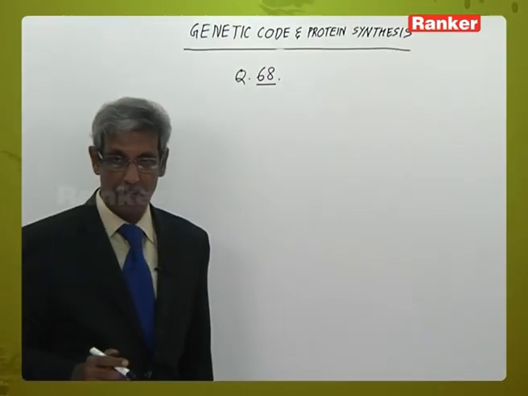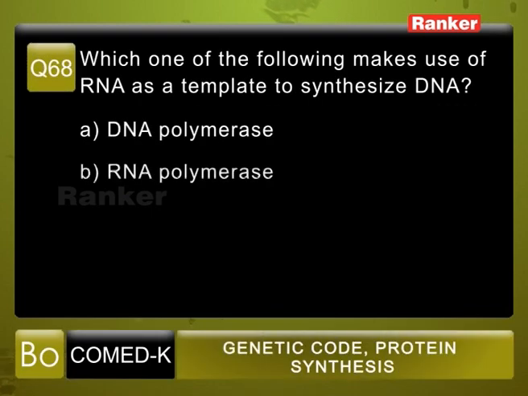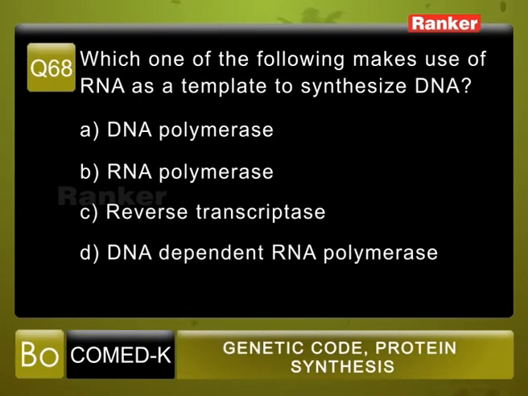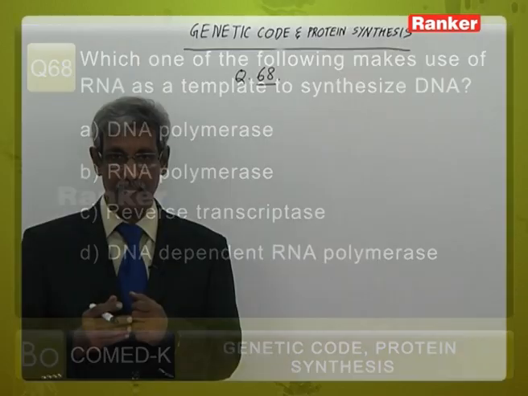Question number 68. Which one of the following makes use of RNA as a template to synthesize DNA? We have choices: A is DNA polymerase, B is RNA polymerase, C is reverse transcriptase, D is DNA dependent RNA polymerase.